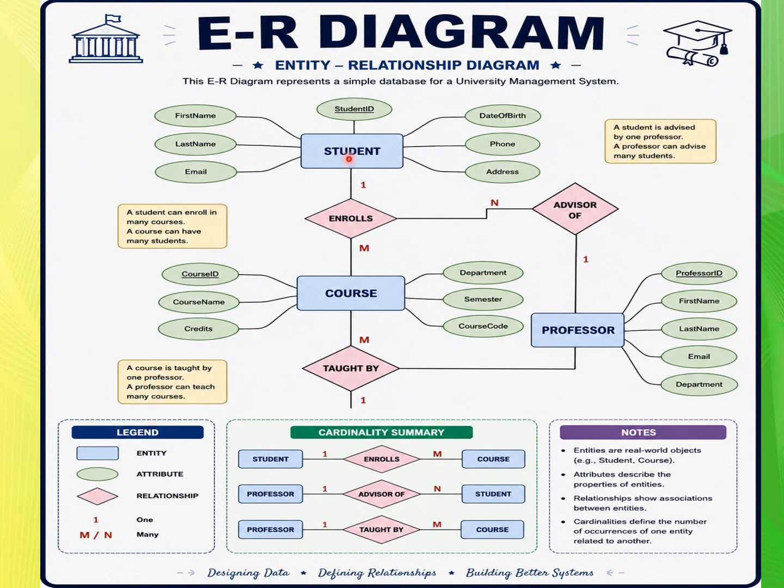And the entities student and course are related with the enrolls relationship, and the professor and course with the relationship taught by.